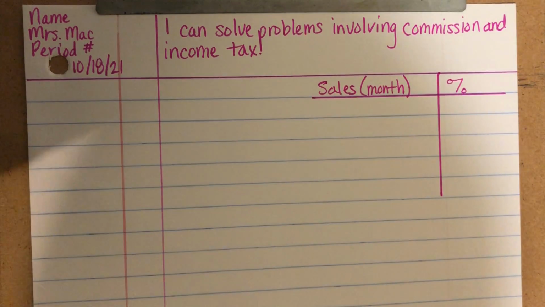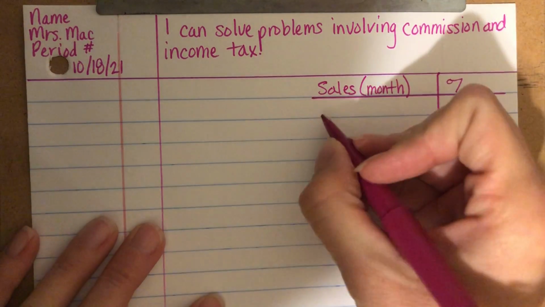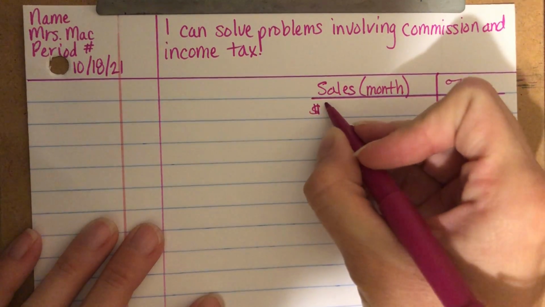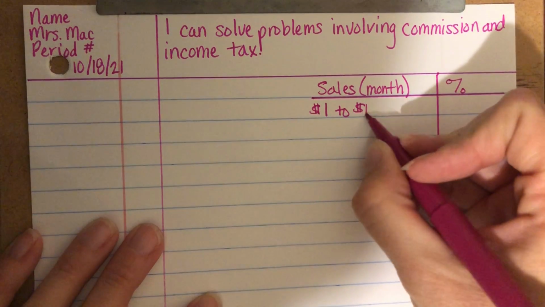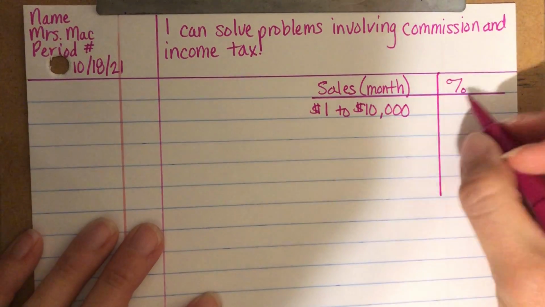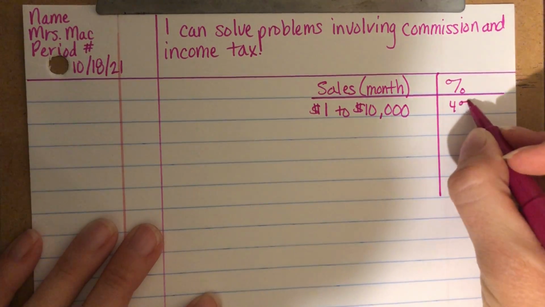So for her job, if she sells between $1 and $10,000, she gets 4% in commission.